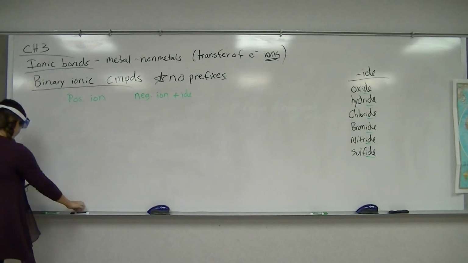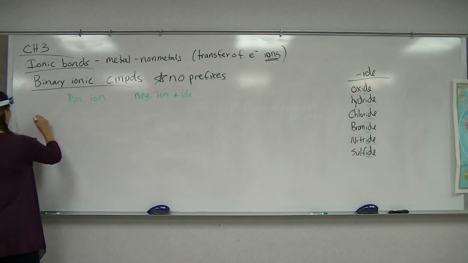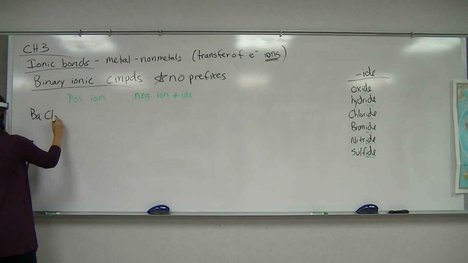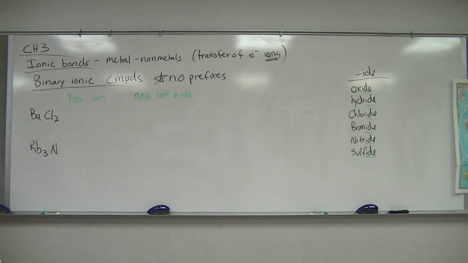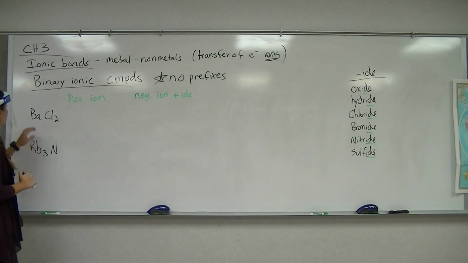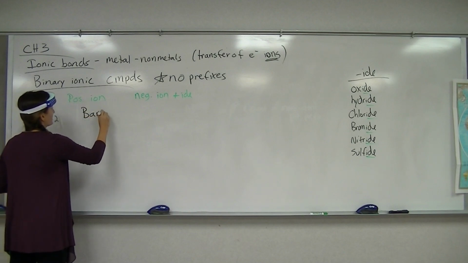All right, so let's throw up some examples. Name them. BaCl2. I almost said the name of it, just looking at it. So BaCl2. So you're just going to look up the symbol Ba. In this case, it's an alkaline earth metal in group 2. So its name is barium.